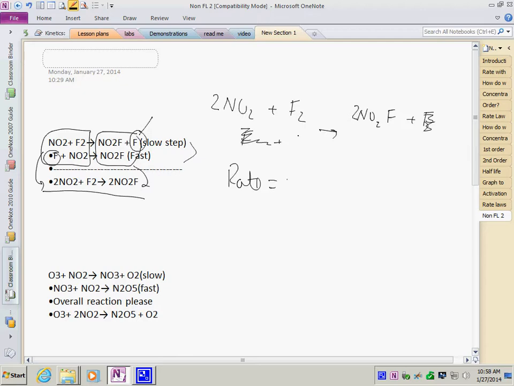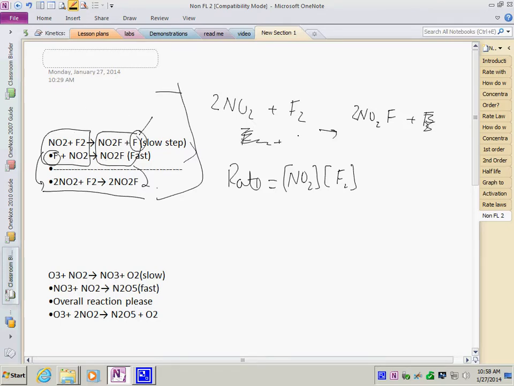So rate equals k times the NO concentration and then the concentration of F2. Now, without knowing any of my individual elementary steps, I would say this is second order and this is first order, but I can't do that because we're assuming this is a single step reaction, which it's not. I need to use my individual steps.